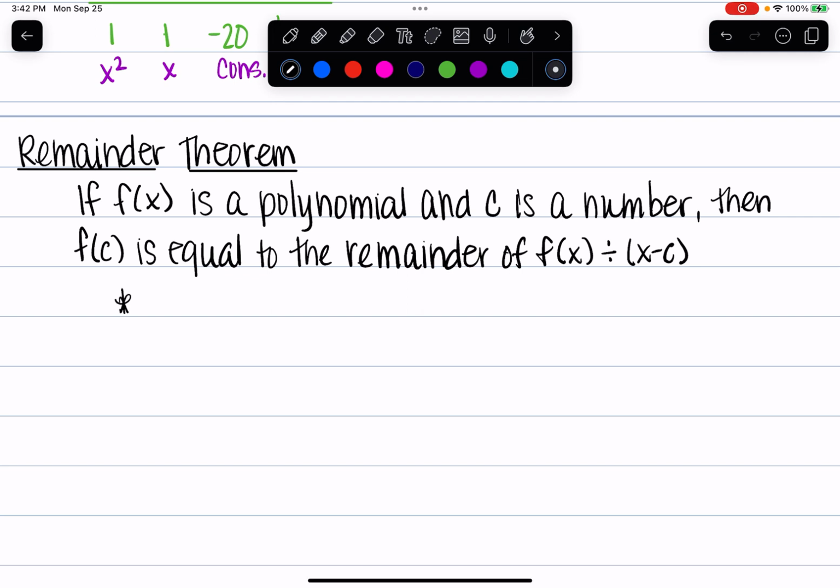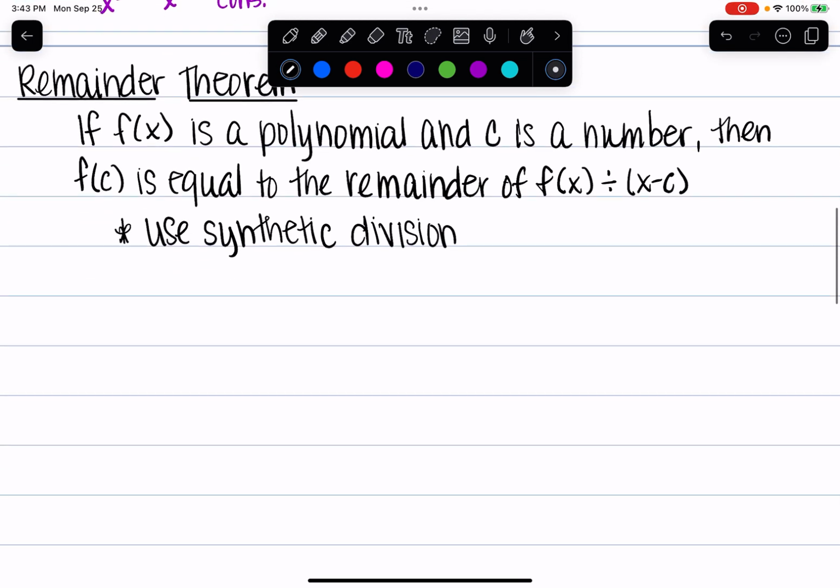You can also do this a couple of different ways, but because of the way we're doing things, we are going to use synthetic division, and we don't have a calculator. This is actually faster since you are not going to have a graphing calculator on this test.